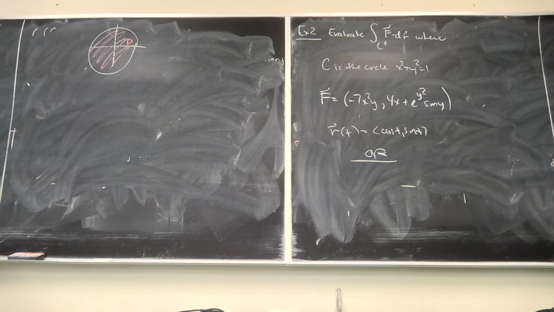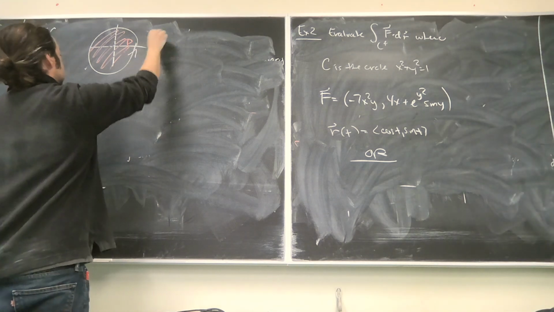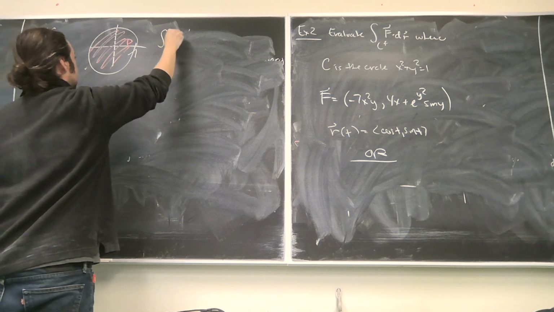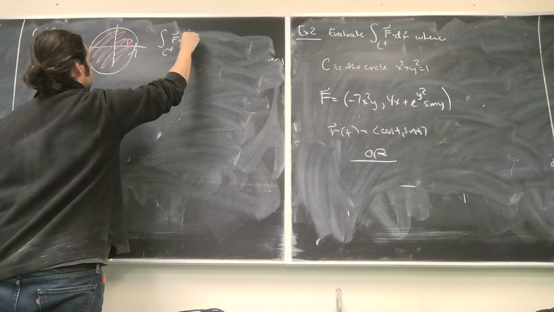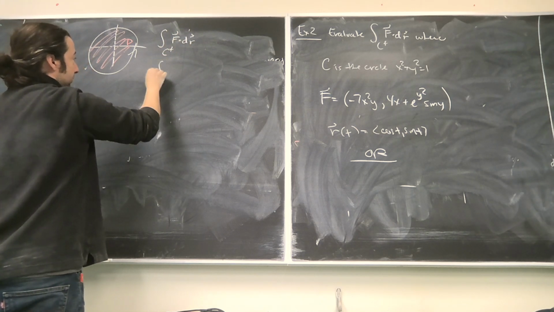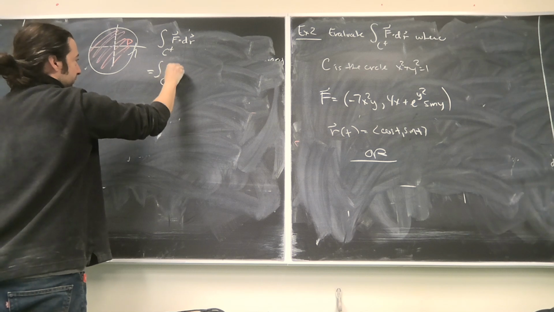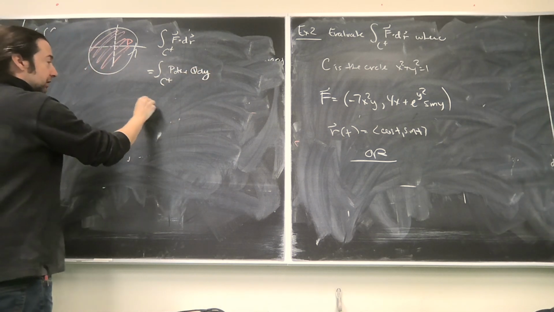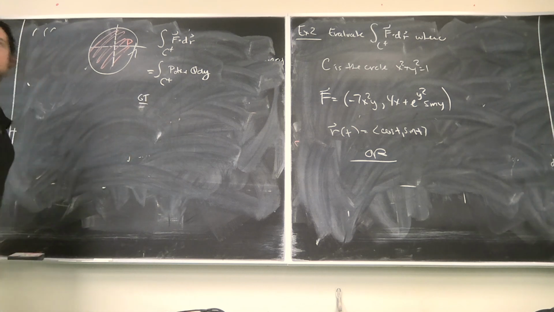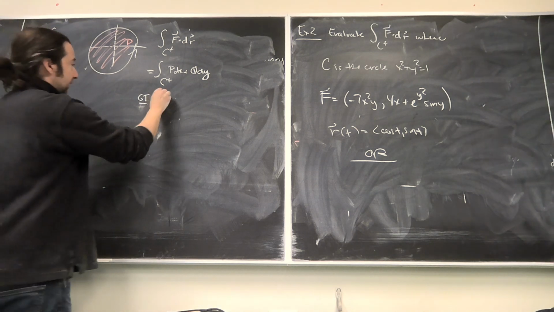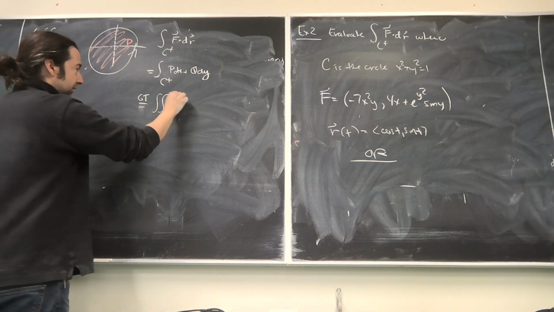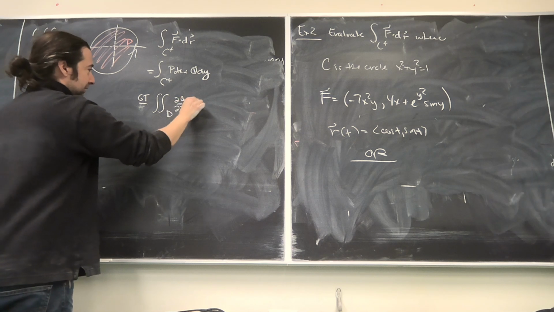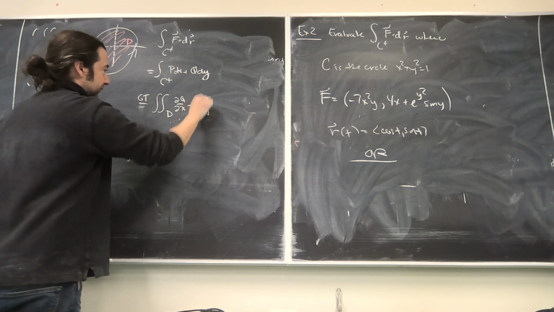So Green's theorem says that the integral around C with positive orientation of F dot dr, which is equal to the integral around C of P dx plus Q dy, by Green's theorem, I'll write GT here for Green's theorem. Green's theorem says that's the double integral on the interior of dQ/dx minus dP/dy.